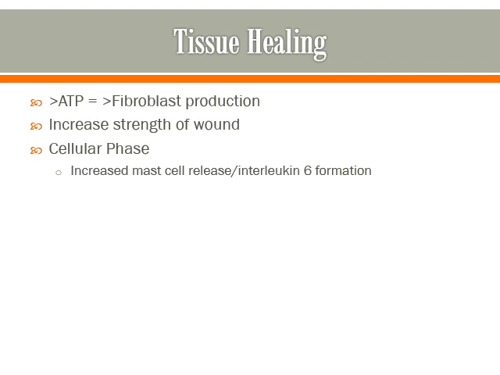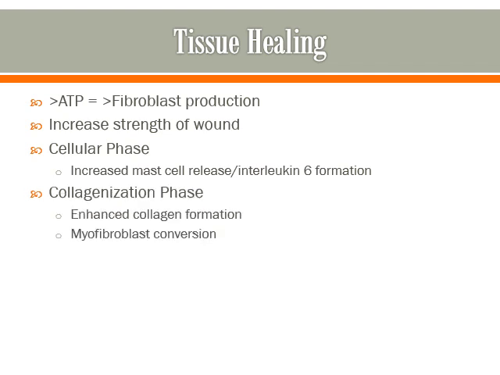So we're encouraging that process during the inflammatory phase. We're taking those positive effects and trying to enhance them, because we need that inflammation to create healing. During the collagenization phase, when we're starting to actually lay down collagen, you get enhanced collagen formation and increased myofibroblast conversion. Myo refers to muscle anytime you see that.